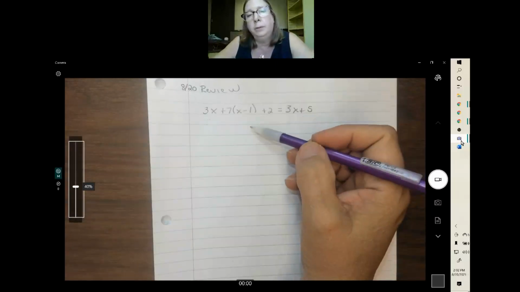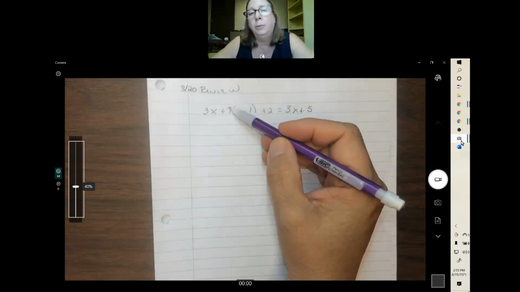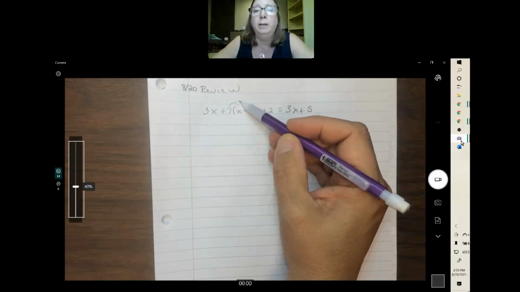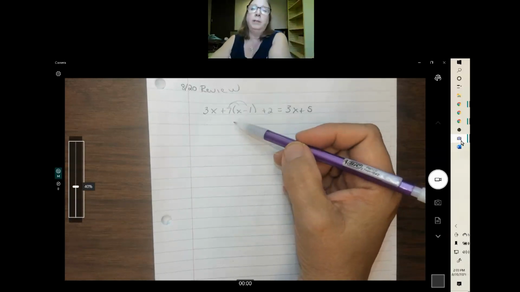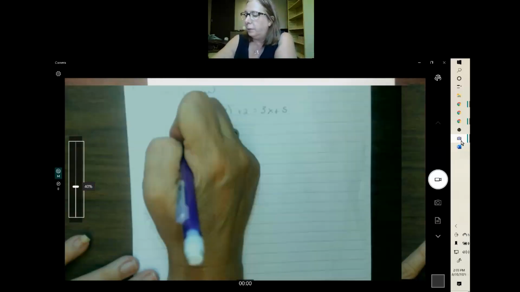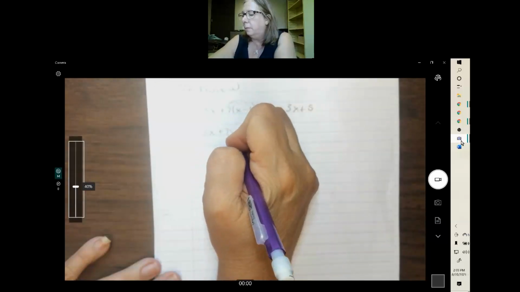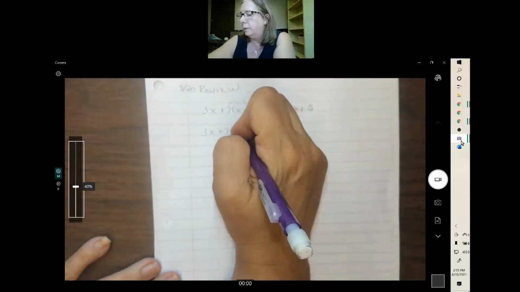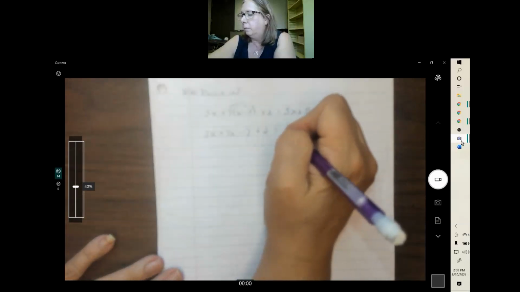The first thing you want to do is get rid of your parentheses. So we could distribute the 7 because we cannot combine these two terms. They're not like terms. But we can distribute. So we'll keep everything else the same. 7 times x is 7x. 7 times a negative 1 is a minus 7. And we'll bring everything else down.